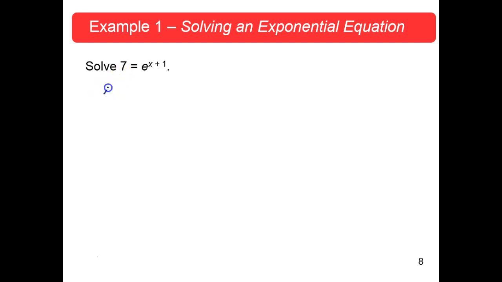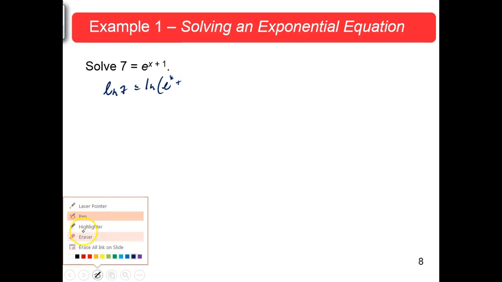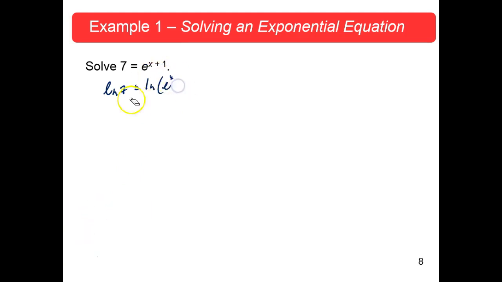Take the log of both sides. So that means the natural log of 7 is the log of e to the x plus 1. Oh, wait, I didn't write that right. E to the x plus 1. Said it right, but wrote it wrong. Okay. Now, log 7 is just a number.